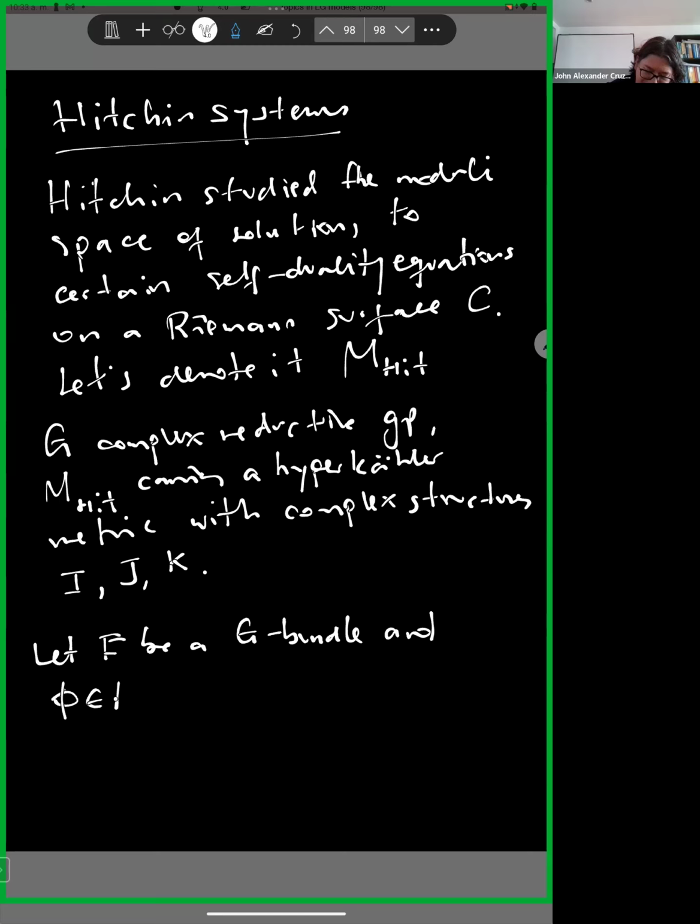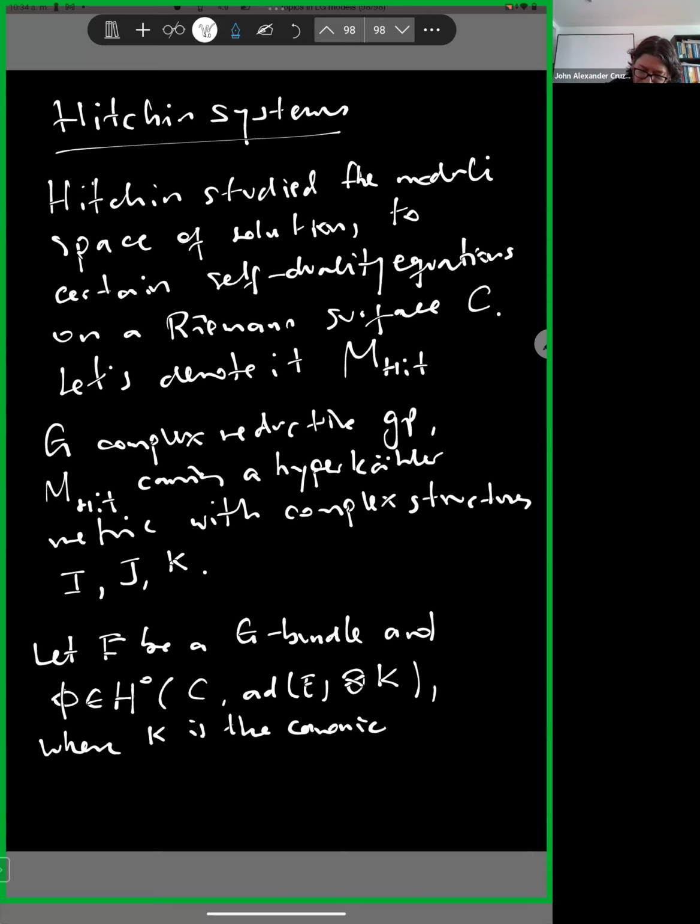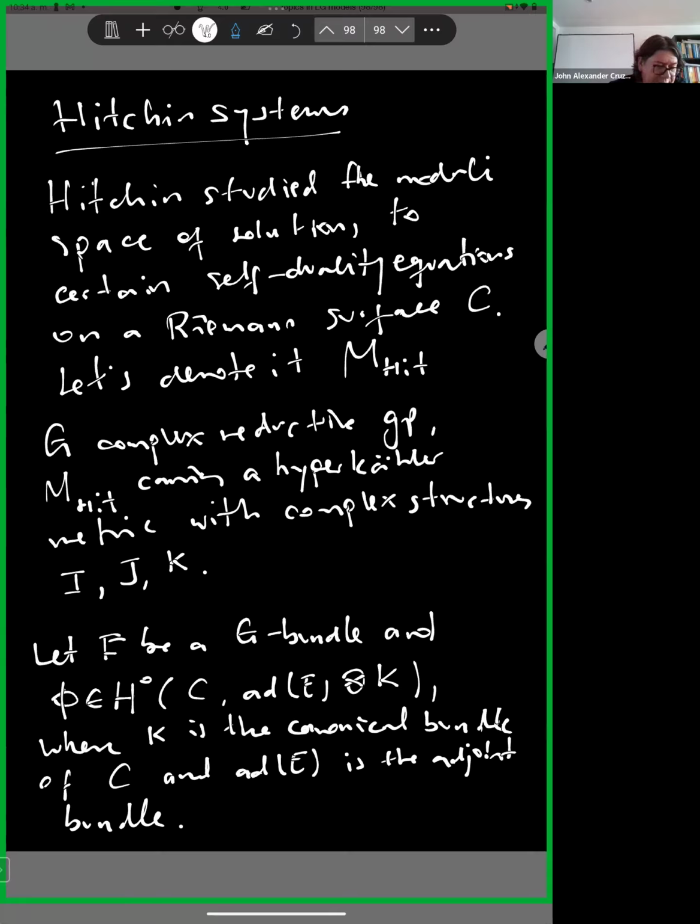Phi belongs to H0 of C, ad E tensor K, where K is the canonical bundle of C, and this is the adjoint bundle. So this phi here is the Higgs field.